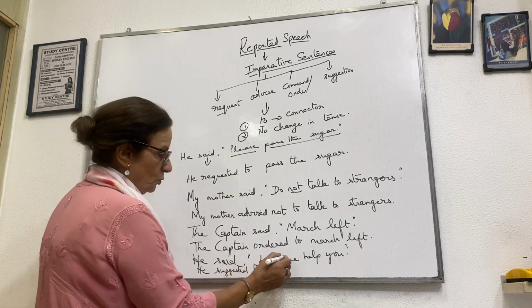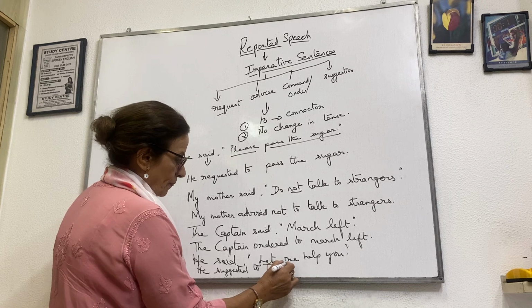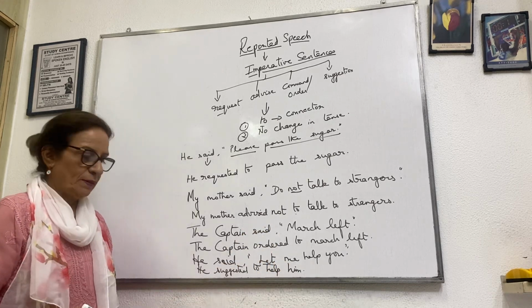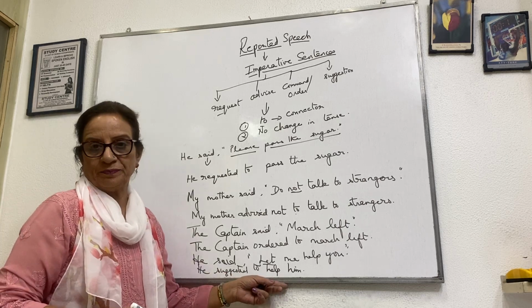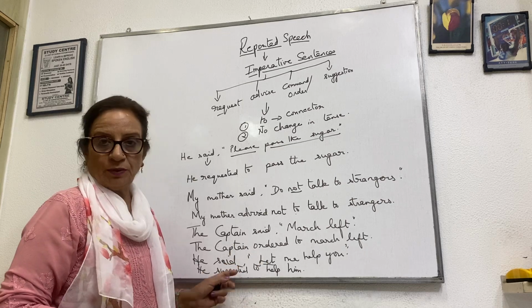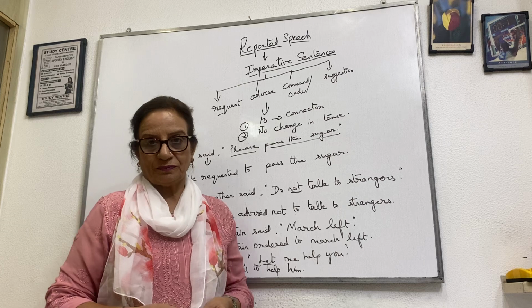He suggested to help him. You will become him. He suggested to help him. He said, let me help you. He suggests, let will become a suggestion or proposal. He suggested to help him.